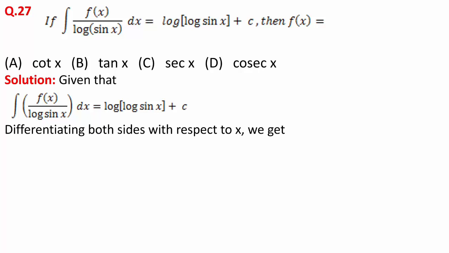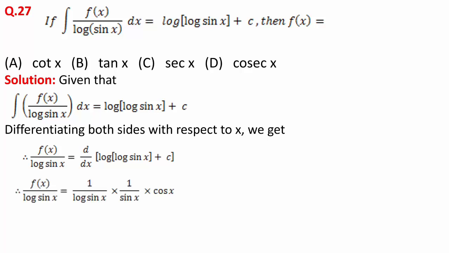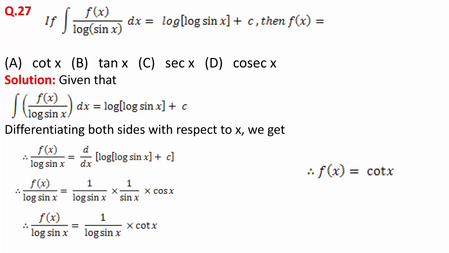Differentiating both sides with respect to x, we get f(x) divided by log of sin x equals d by dx of log of sin x plus c. Thus we get f(x) divided by log of sin x equals 1 by log of sin x into 1 by sin x into cos x, which is cot x divided by log of sin x. Therefore f(x) equals cot x, and hence the correct option is A.